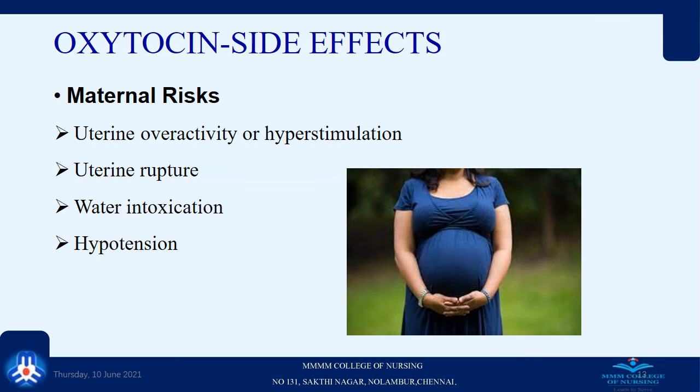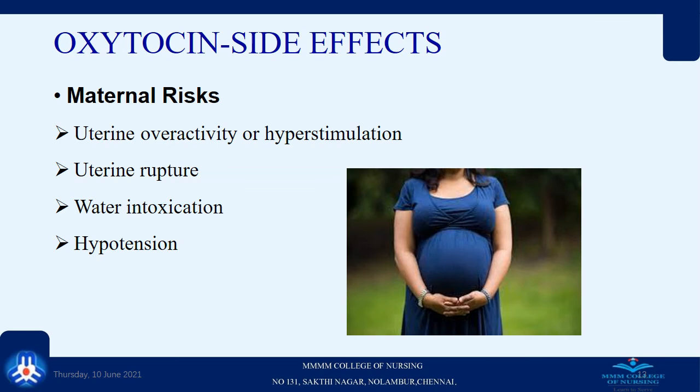That we call overactivity or hyperstimulation of the uterus. If we are not administering the oxytocin in proper dosage and not monitoring the mother, it may lead to this hyperstimulation or overactivity of the uterus.